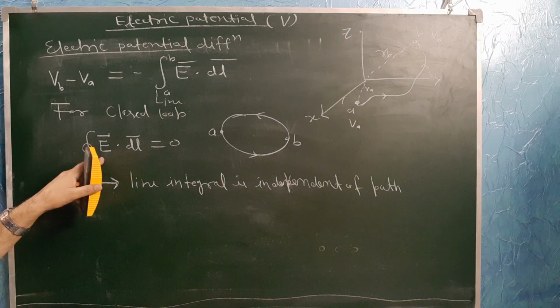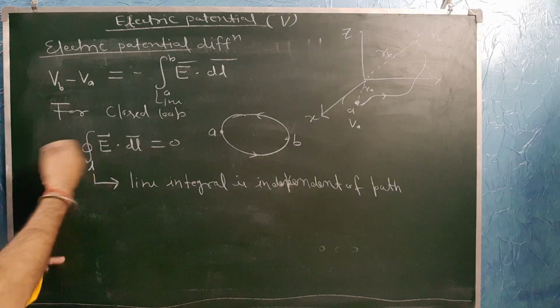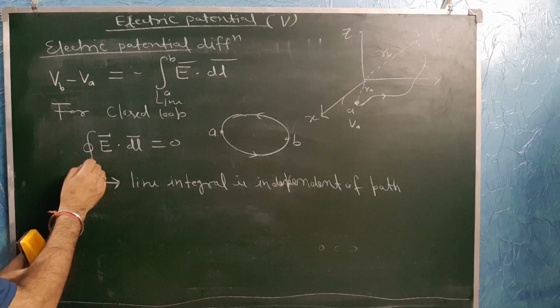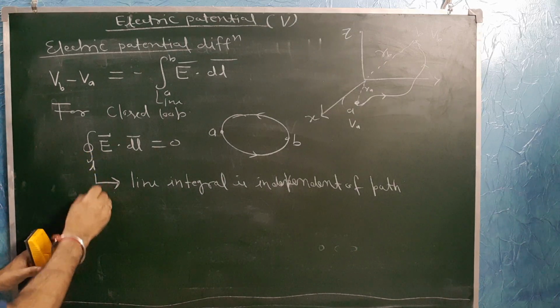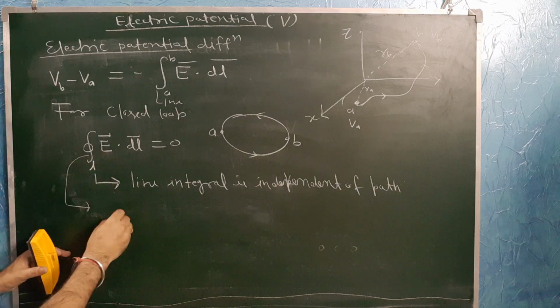And this can also be written as del cross E equals 0. This is the integral form.